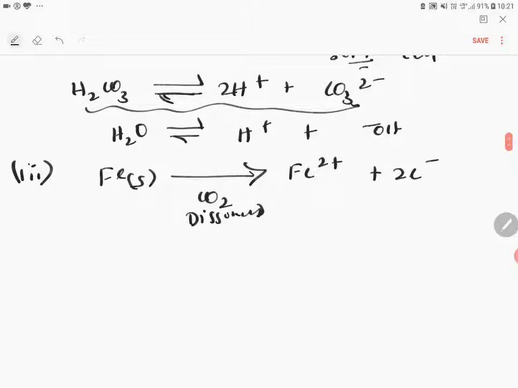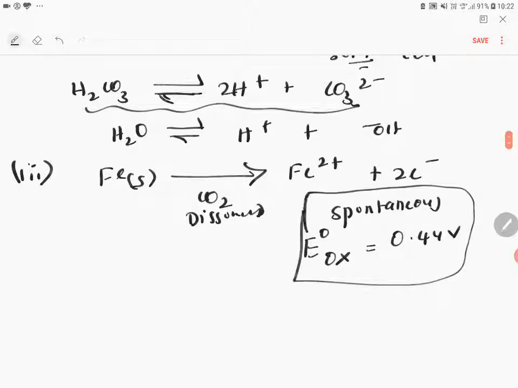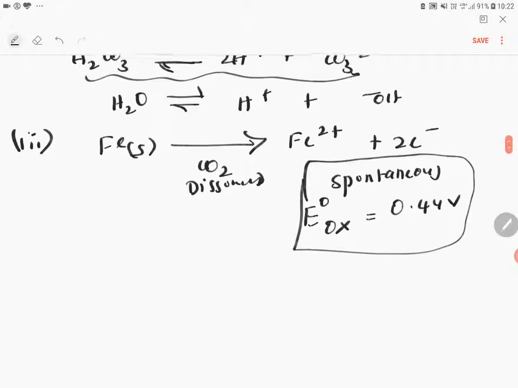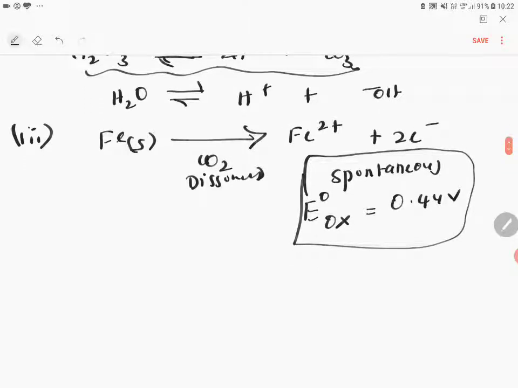This oxidation is spontaneous because the oxidation potential of this is plus 0.44 volt. That means oxidation takes place spontaneously. When the value of the oxidation potential is positive, the oxidation takes place spontaneously.